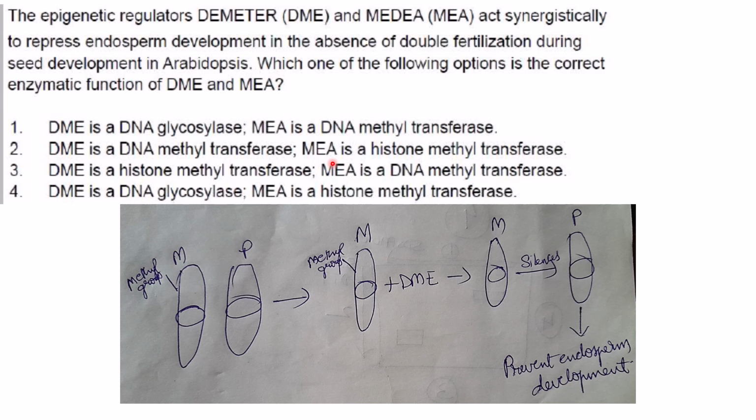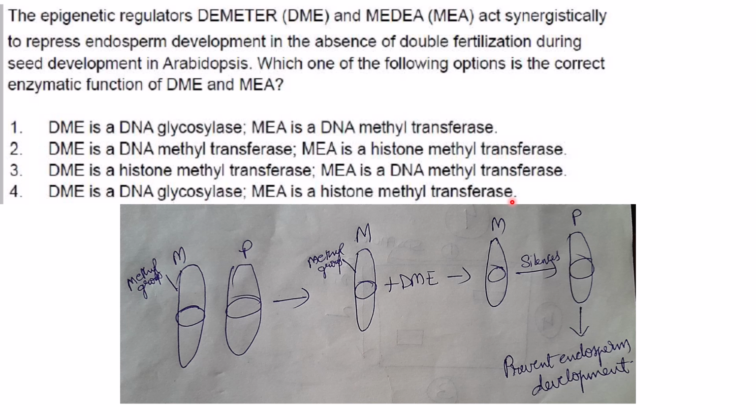What we have all studied is that if in histone 3 the lysine at position 4 is methylated, it will result in activation of the gene, whereas if it is at position 9, it will result in repression of the gene. Now they have found that MEA is a histone methyl transferase, not a DNA methyl transferase. It doesn't have anything to do with the DNA.